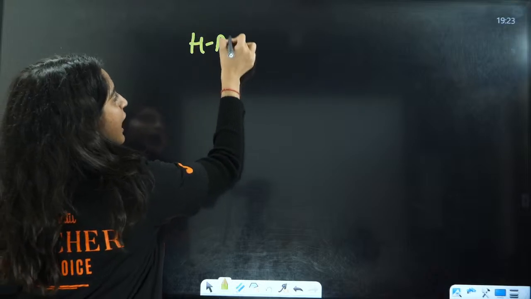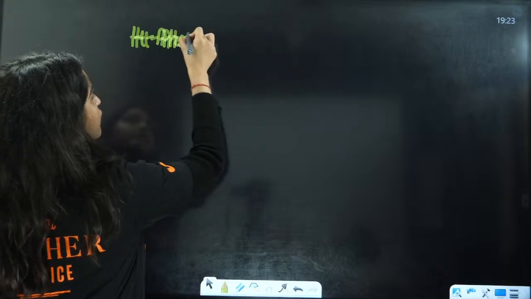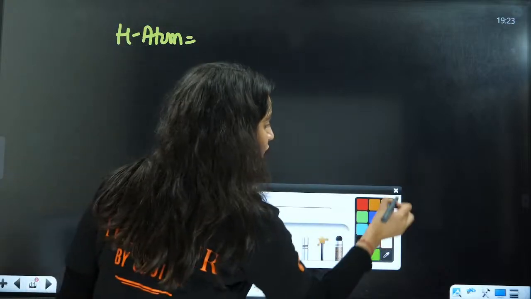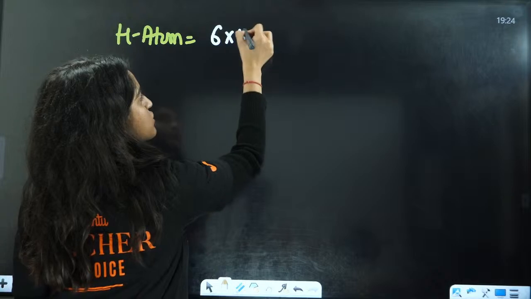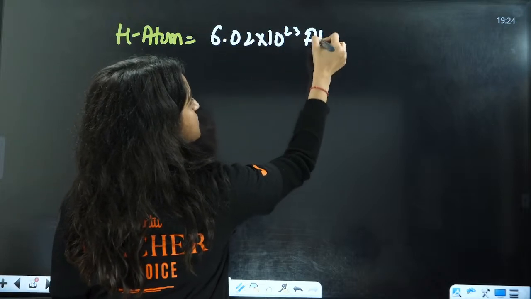For example, I am talking about a hydrogen atom. For a hydrogen atom, in 1 mole it will have 6.022 into 10 raised to power 23 atoms.